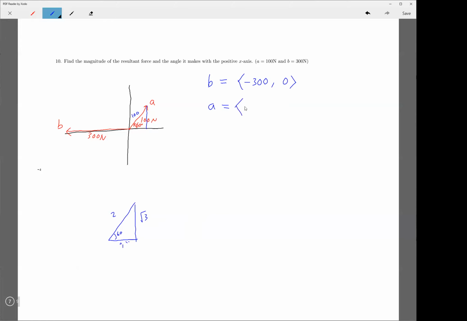So what is the x component going to be? It's going to be 100 times what? 1/2.